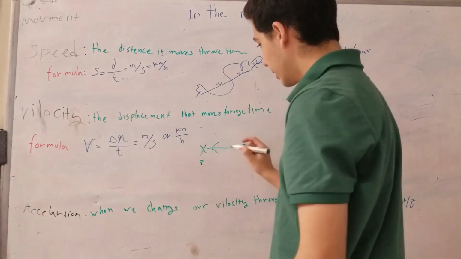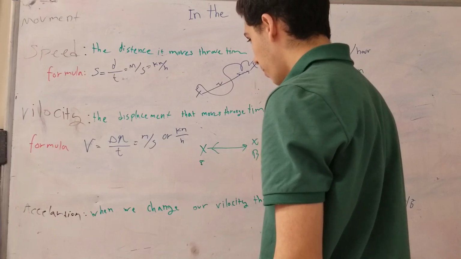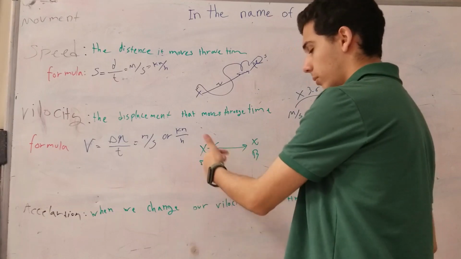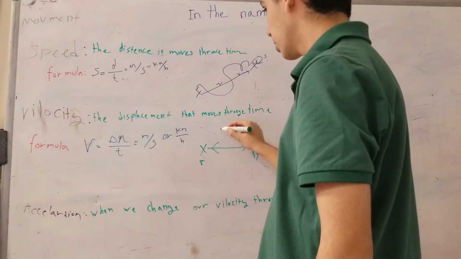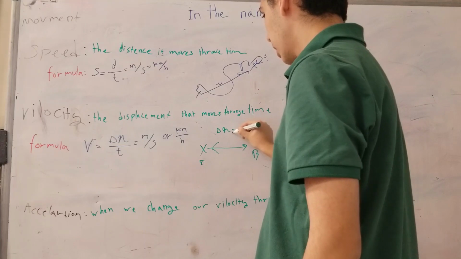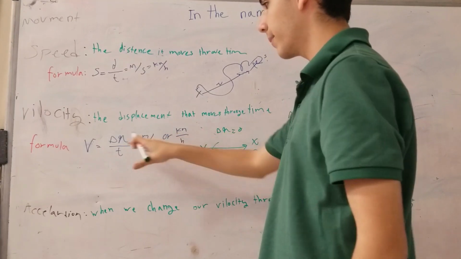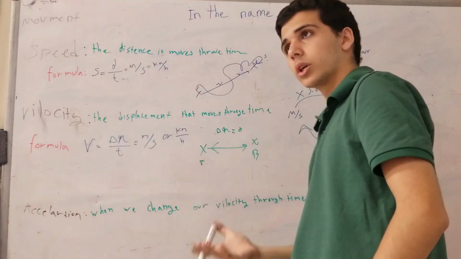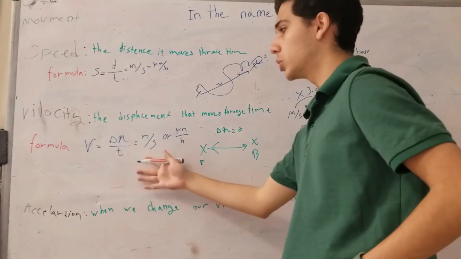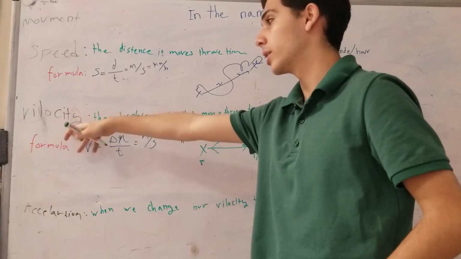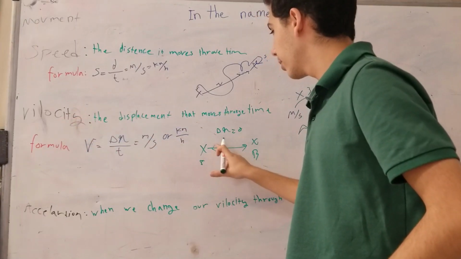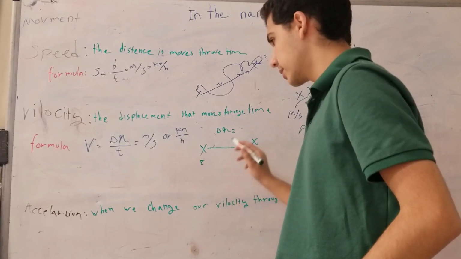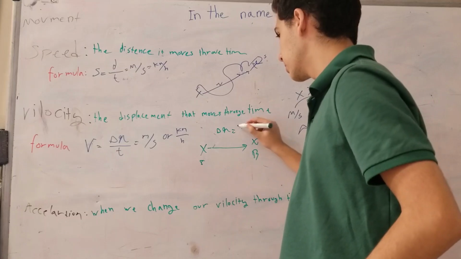Because we go back, we start and finish in the same place. This is where delta x equals 0, and if you have a 0 in these, the entire thing will be 0, which means we have no velocity.